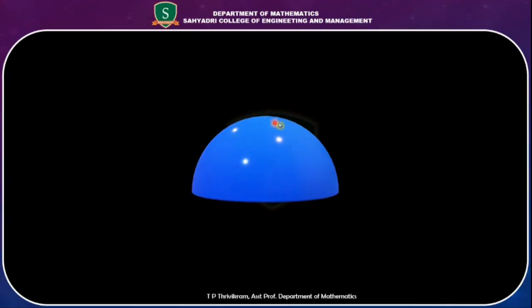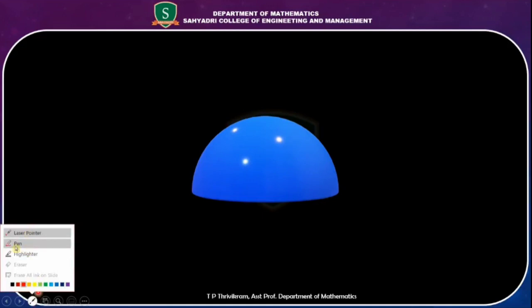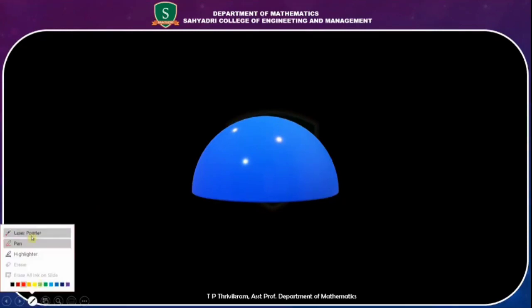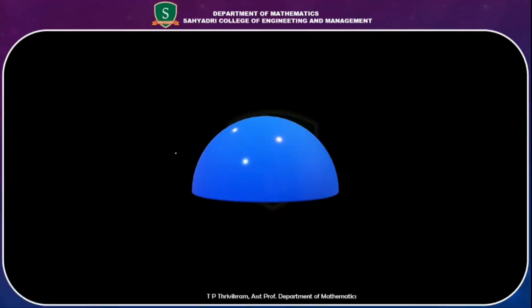So at which point will this function value be maximum for this shape? Can anyone tell? Where does this function of this shape have maximum value? Maximum value for this shape will be where? At the top, right? Here.